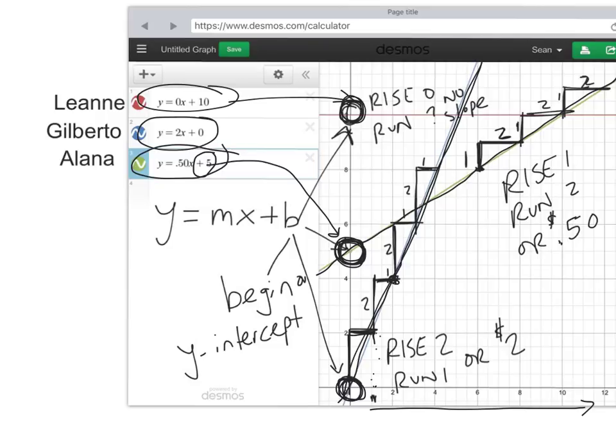And then that 50 cents, that's why it's so gradual. It's going up 50 cents every kilometer. So it takes 2 kilometers for a whole dollar. So she's got to walk 2 kilometers for $1. 2 kilometers walked for $1 of increase. Okay, so that's how it's represented in graph form.